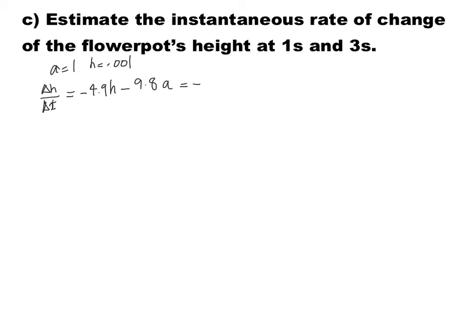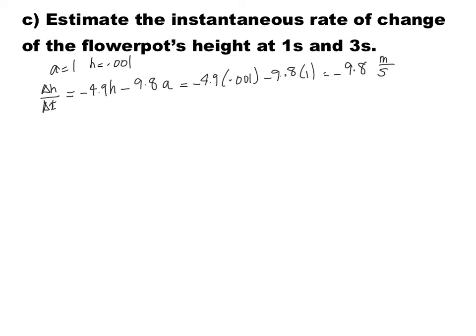In our case, it's negative 4.9 times 0.001 minus 9.8 times 1, which is going to be approximately negative 9.8 meters per second.